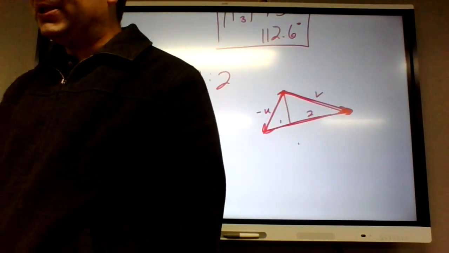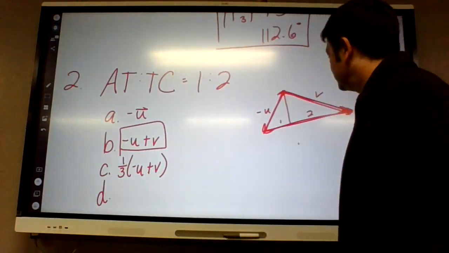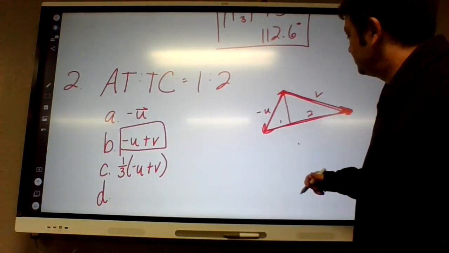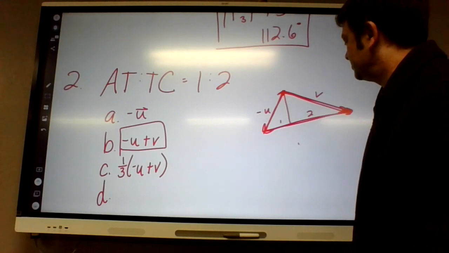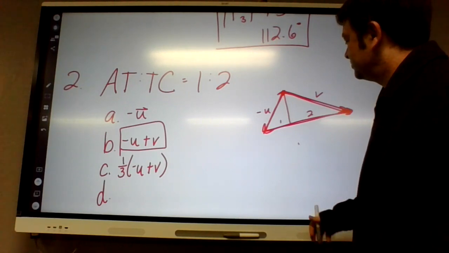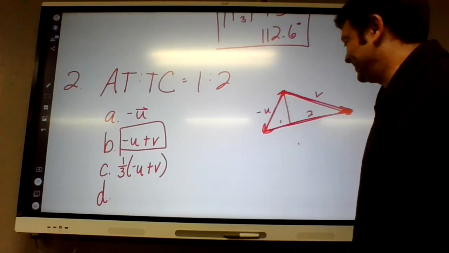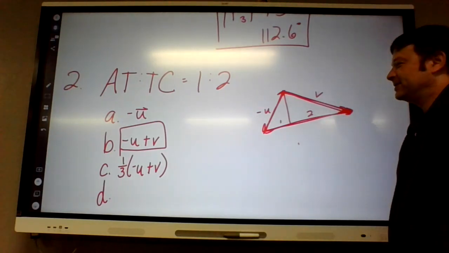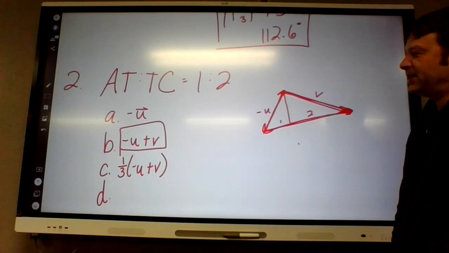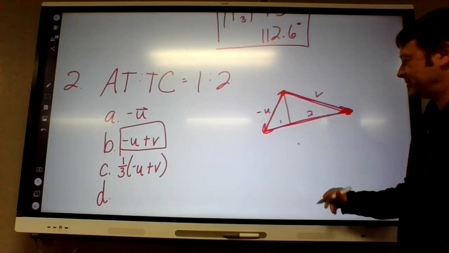Vector BT. Negative U plus 1/3 V. Could it just be U?